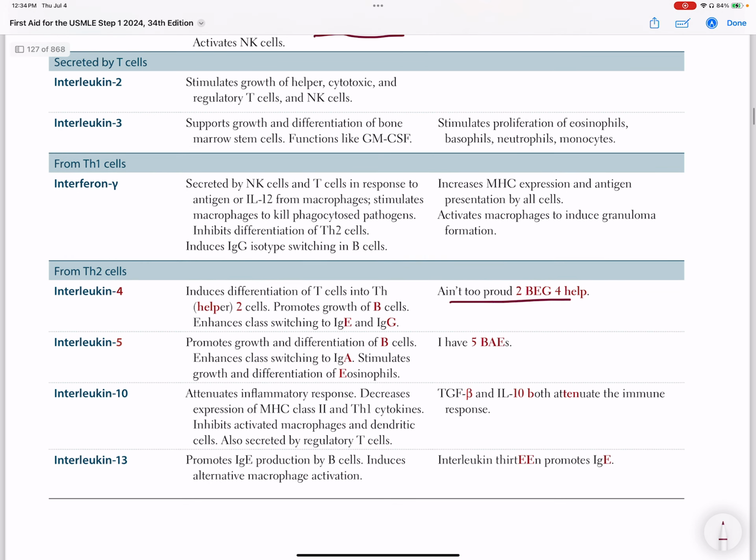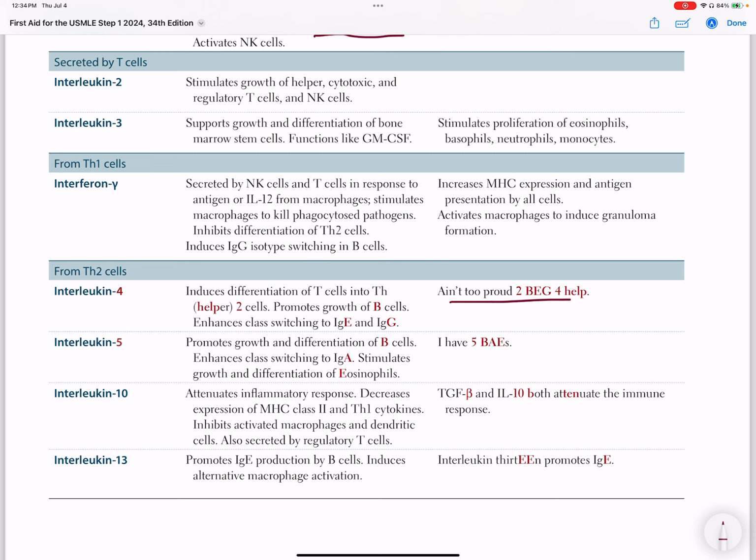From Th1, interferon gamma is secreted by NK cells and T cells in response to antigen or IL-12 from macrophages. It stimulates macrophages to kill phagocytosed pathogens, inhibits differentiation of Th2 cells, and induces IgG isotype switching in B cells.